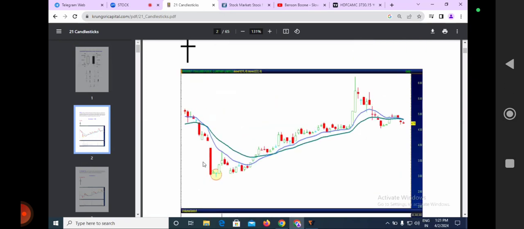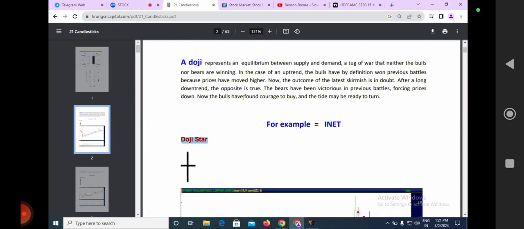My dear friends, even if a doji candle appears in an overbought area, you can refer to the RSI indicator. Then the market is going to go down, and that is what is shown here. In the case of an uptrend, the bulls have definitely won the previous battle because the prices have moved higher.